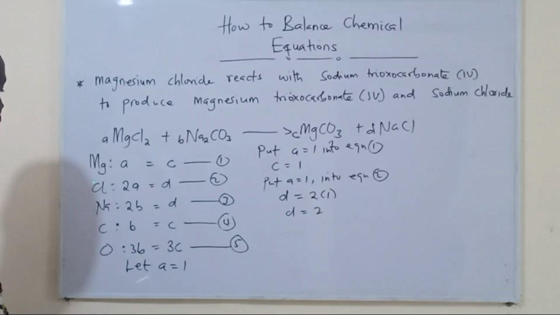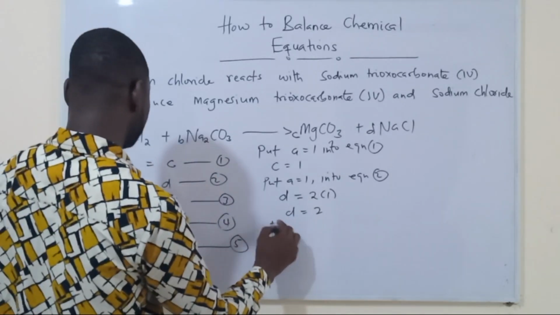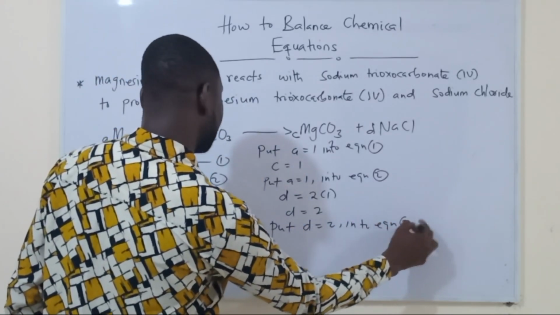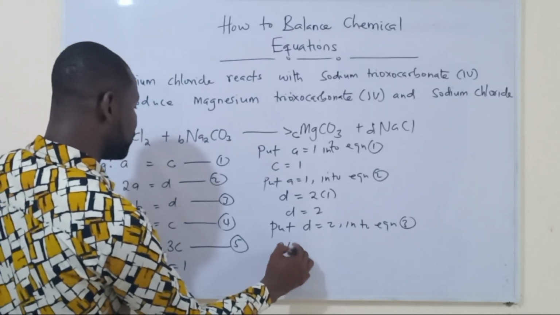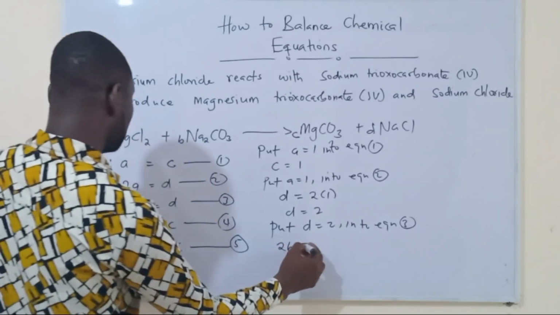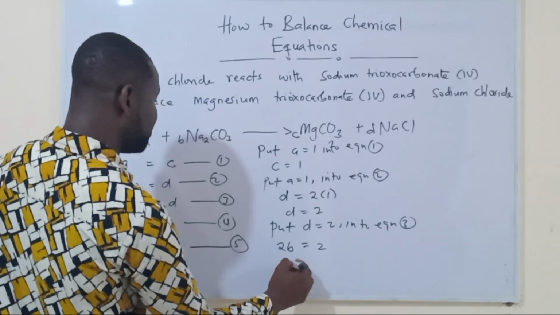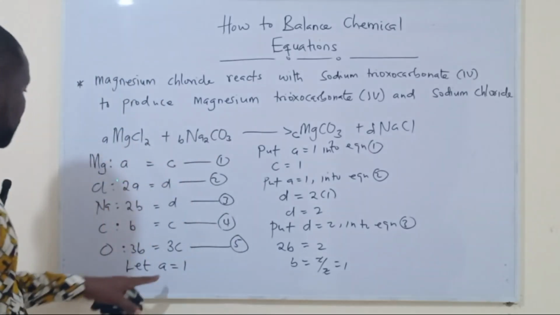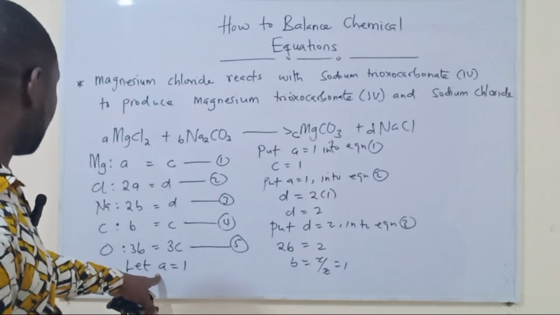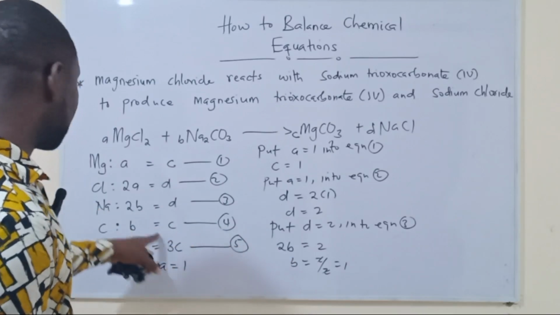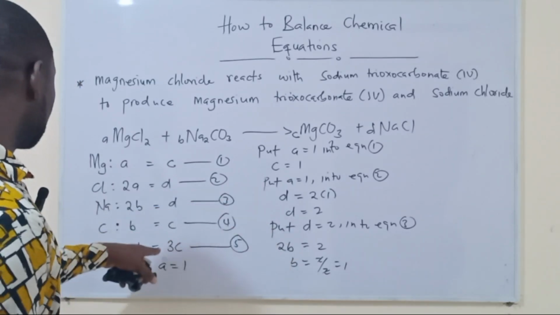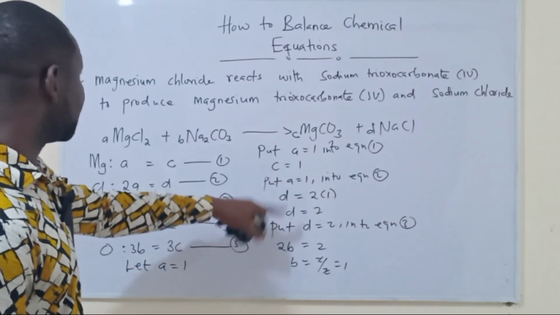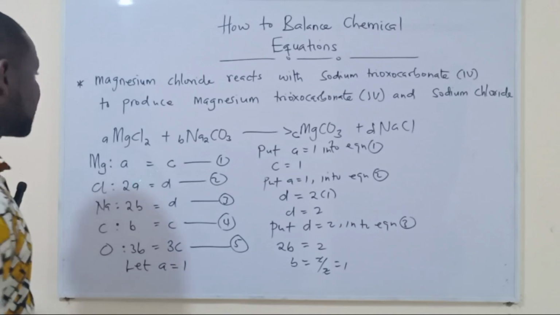Then the next one, I know D to be 2, so I can say put D equal to 2 into equation 3. So I'm going to get 2B to be equal to 2. So B will be equal to 2 over 2, which is 1. So I know A, B, C, D, so that's all. So let's substitute that in the equation.